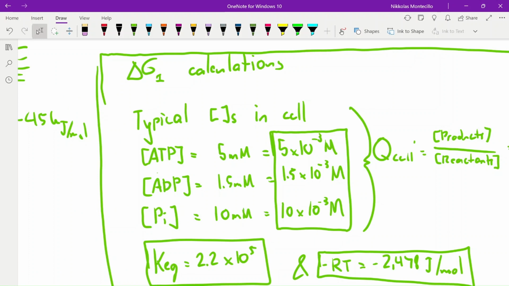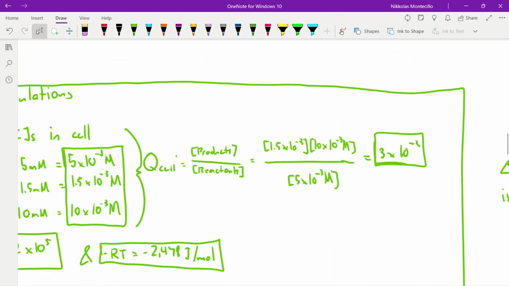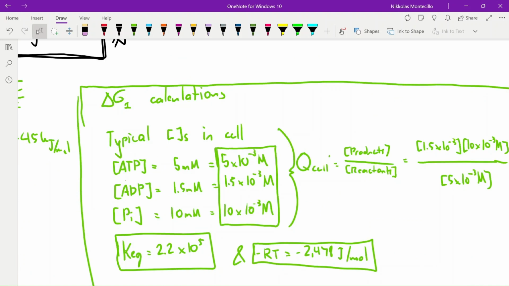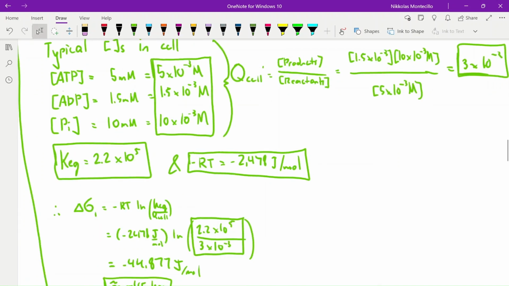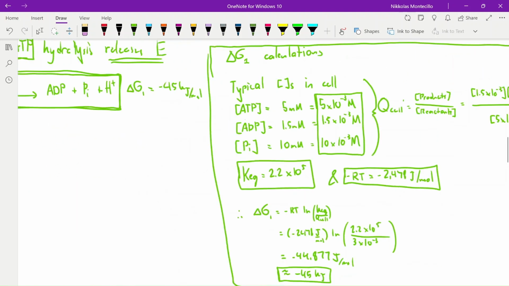So we see here that by plugging all these values in, negative RT, which is just negative 2,478 joules per mole, times the natural logarithm of 2.2 times 10 to the 5 over 3 times 10 to the negative 3 gets us negative 44,877 joules per mole, which is approximately equivalent to negative 45 kilojoules.